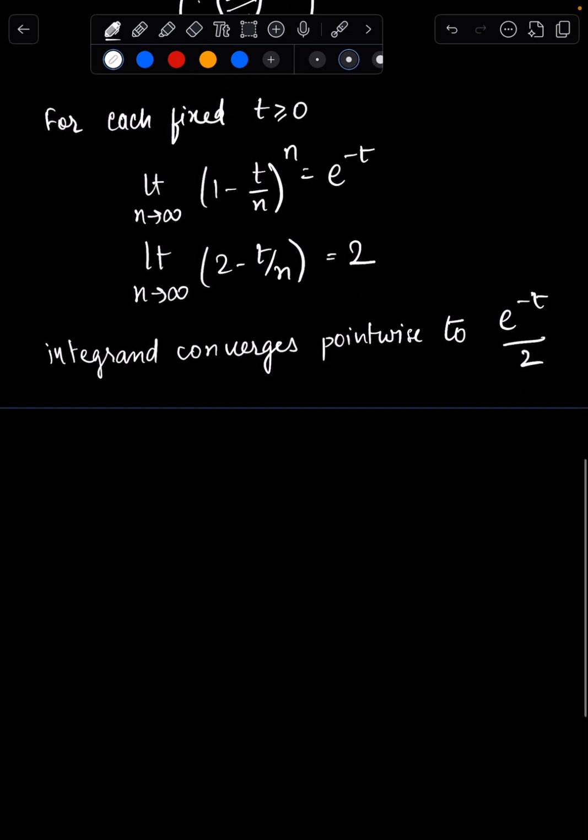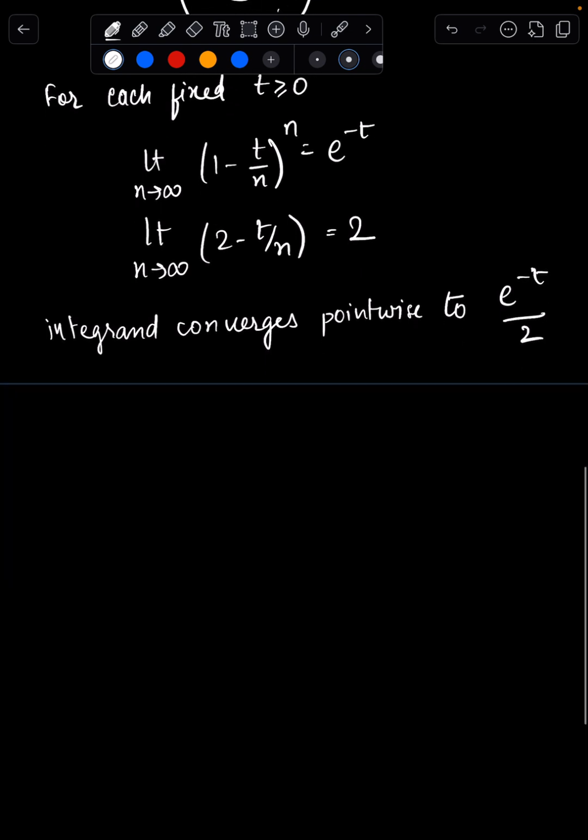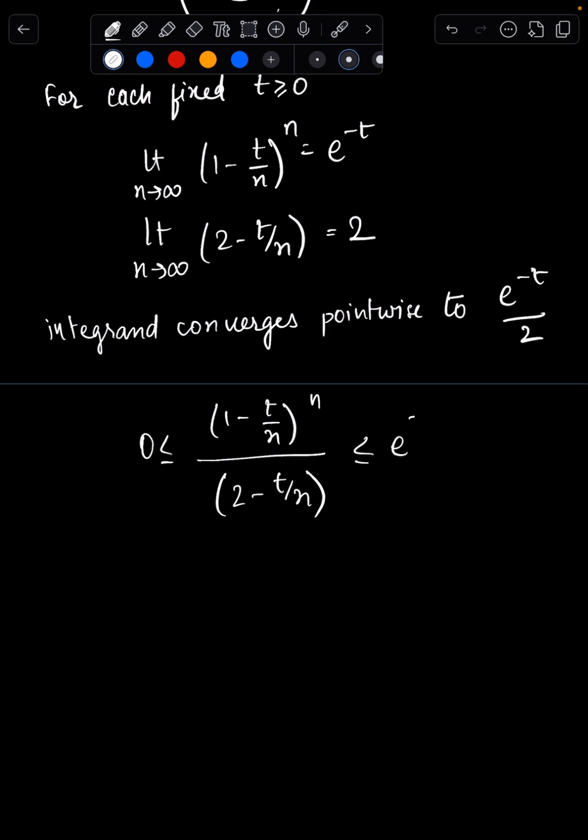Now similarly, if you check whether the integral range is greater than the limit range, you will very easily identify that it will be something like this. My bad, 2 - t/n is less than e^(-t/2).